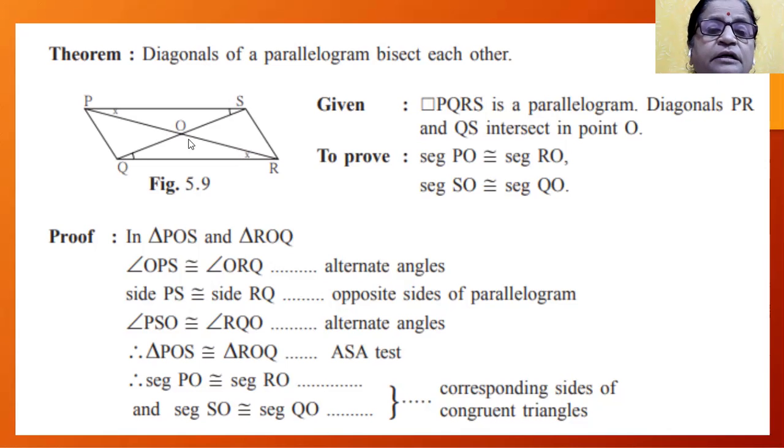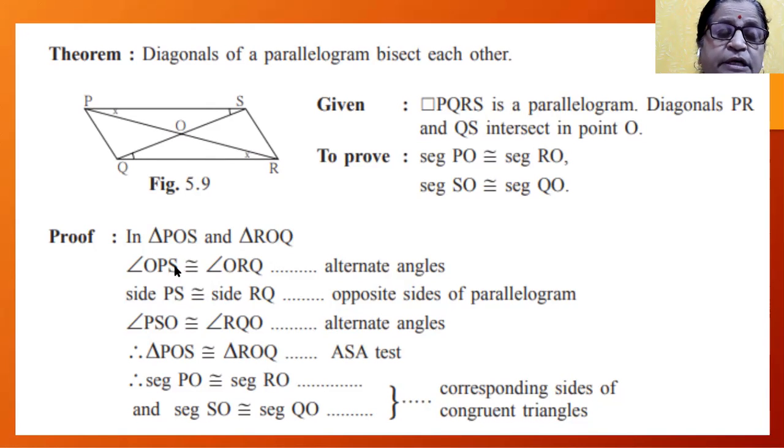Like that, angle OSP and angle OQR are also alternate angles. And these sides are parallel and equal in measure. Why is it so? Because these are the opposite sides of the parallelogram. You know that opposite sides of a parallelogram are congruent.